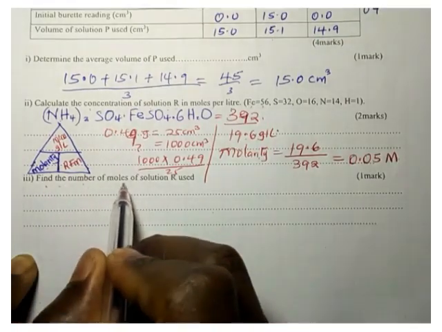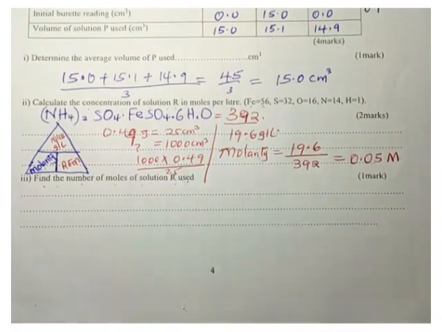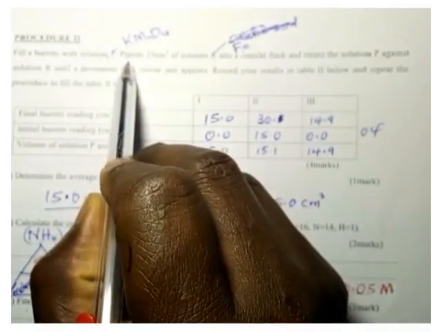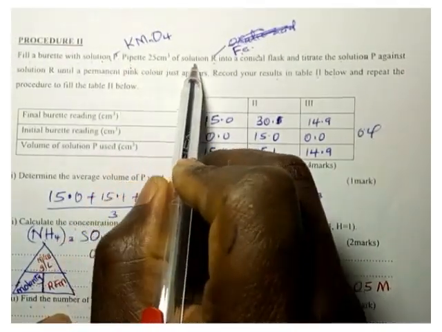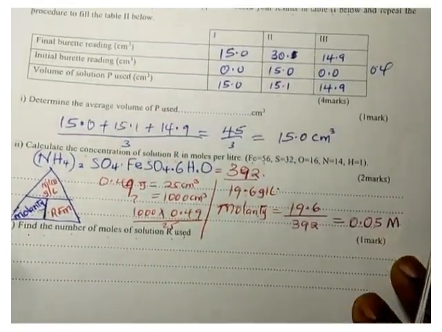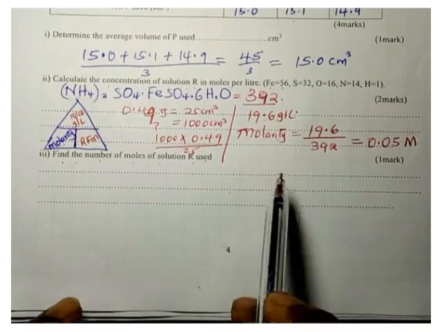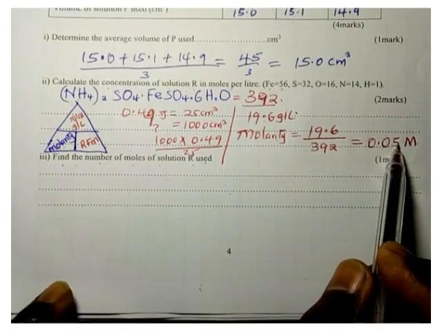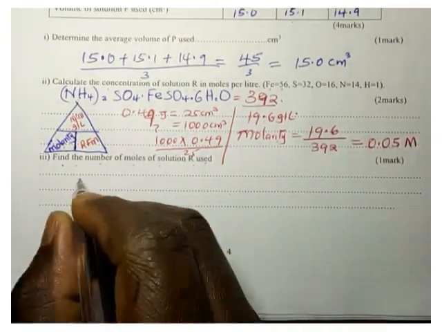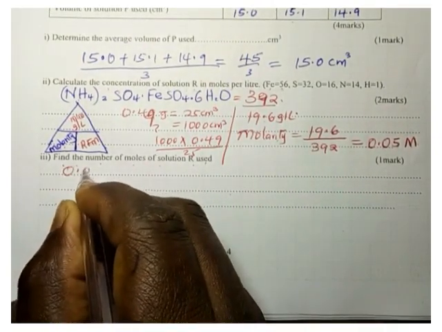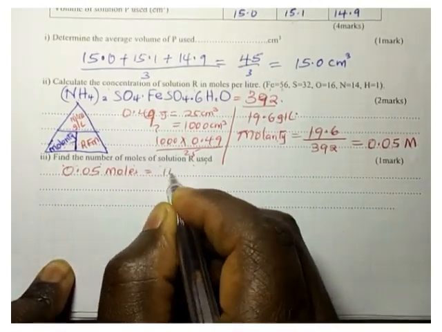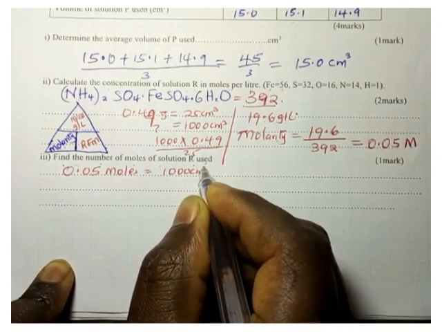Find the number of moles of solution R used. Remember, we used 25. How do you know? You pipette 25 of solution R. So the volume of R used is 25. So we have the number of moles in 1 liter. 0.05 is the number of moles in a liter, because molarity is the number of moles in 1 liter. So we can say 0.05 is the number of moles in 1,000 centimeters cube.